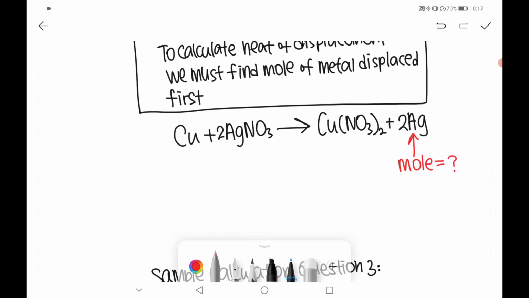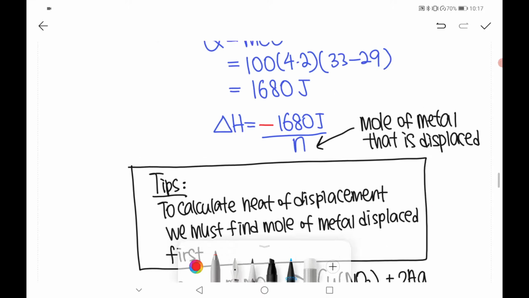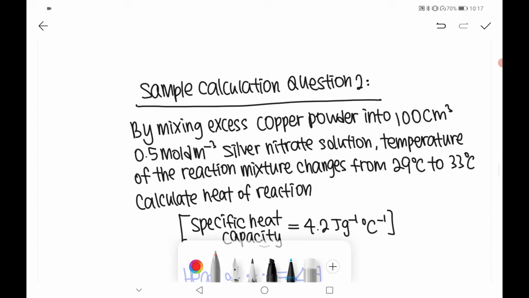So what is the information that we have? We are given the information for silver nitrate solution: 100 cm cube and 0.5 mole per dm cube.